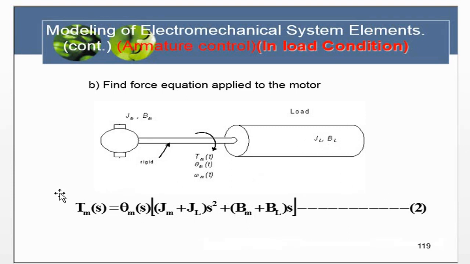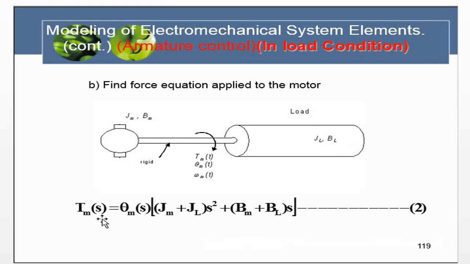Okay, and then by applying Newton's second law, we can derive the model for Tm that is used to move the motor or to change the position of the load.